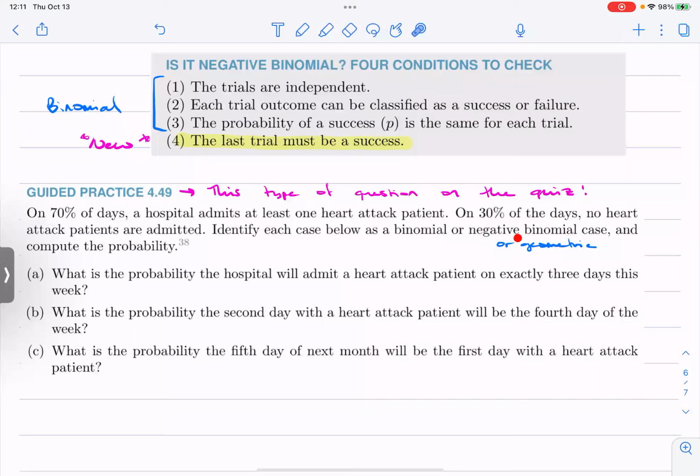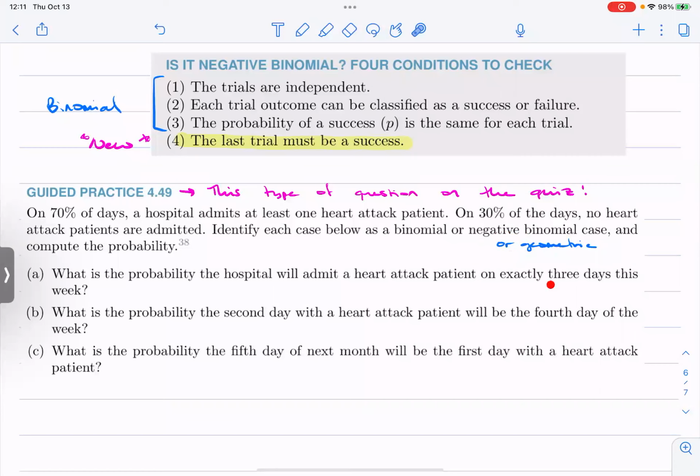The negative binomial tells me the probability of the kth success on the nth trial. I can't really mold that to this question, so I'm going to discard it. How about the geometric? The geometric tells me the probability that the first success is on the nth trial.